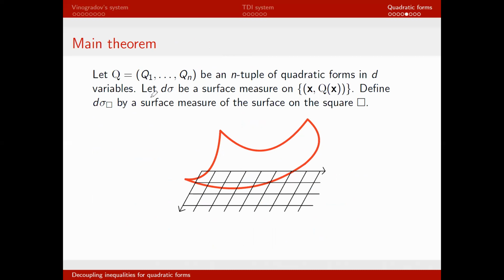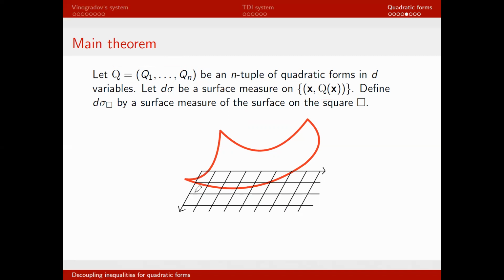So to introduce decoupling inequalities, we need to define surface measure restricted on small squares. So this is our quadratic forms, and we define surface measure on this manifold. And now this is a multi-dimensional manifold.